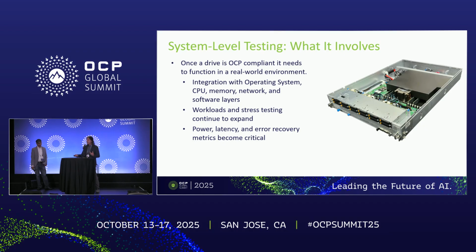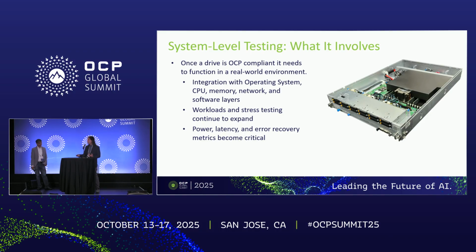So system level testing, this is taking that next step further. What is involved? Once a drive is OCP compliant on its own, start to incorporate that into your system. Test in an integrated environment with different operating systems, the CPU, the network, the software layers.